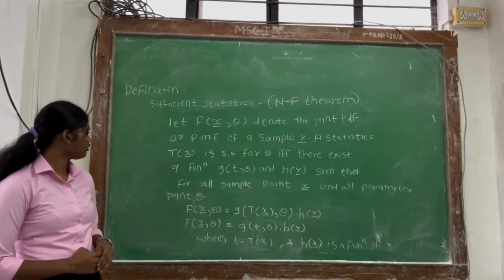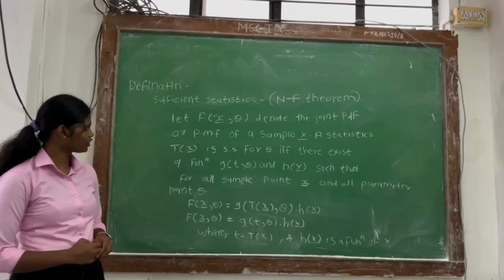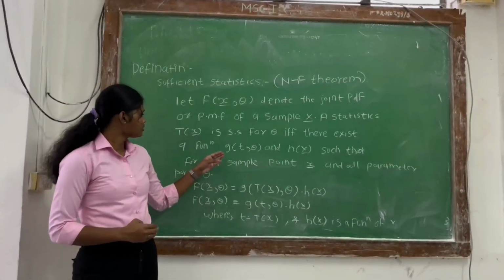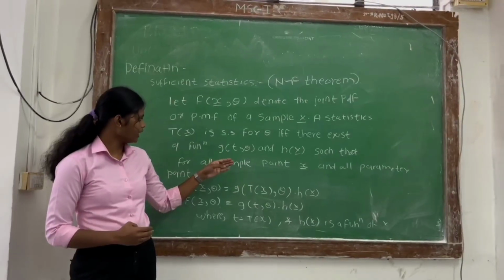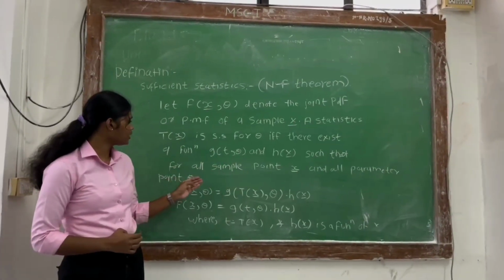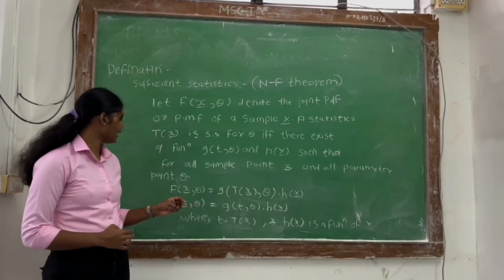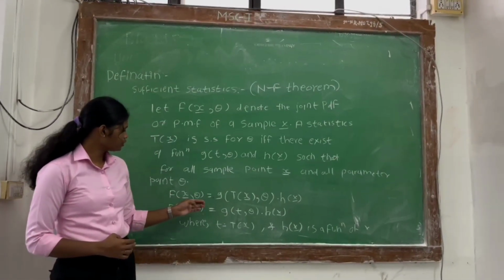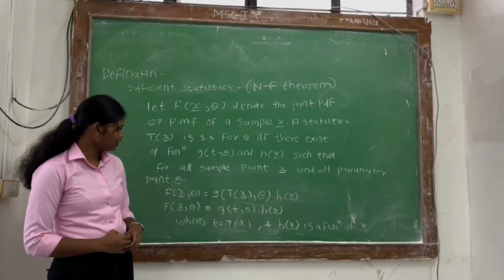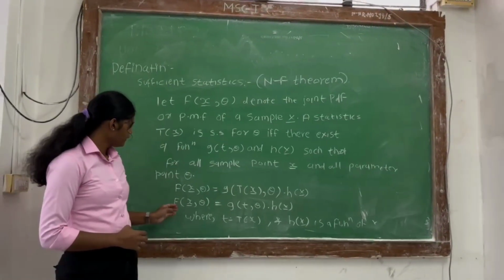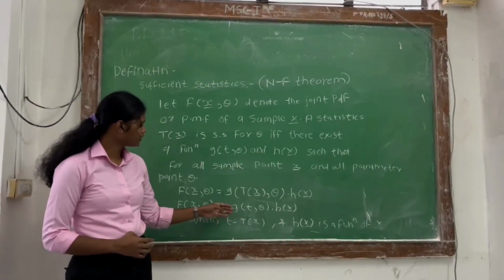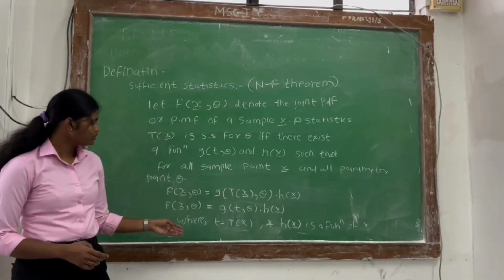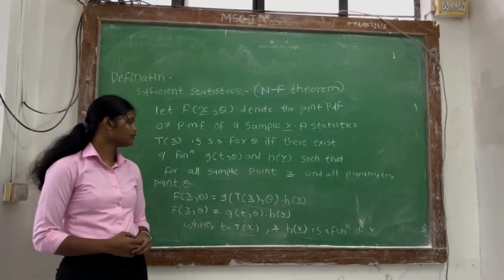A statistic P of x is a sufficient statistic for theta if and only if there exist functions g of t theta and h of x such that for all sample points x bar and all parameter points theta, f of x theta is equal to g of P of x, theta into h of x. That is, f of x theta is equal to g of t theta into h of x, where t is equal to P of x and h of x is a function of x.